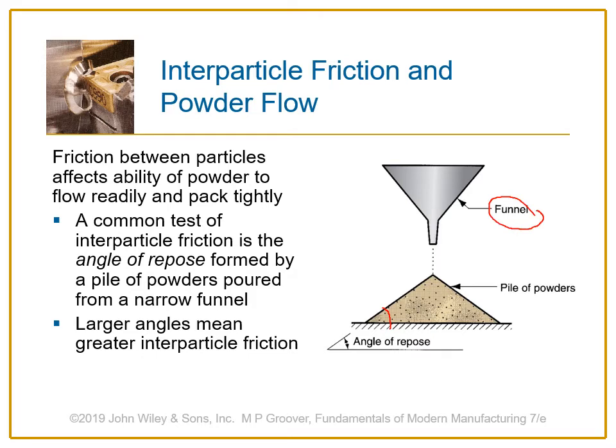That angle could be large or small. Larger angles indicate that we have greater friction between the particles, and smaller particle sizes generally show greater friction. So when we have smaller particle sizes, we have greater friction, which means we can have a larger angle of repose.